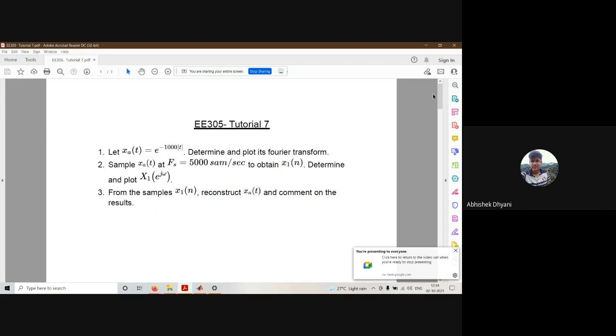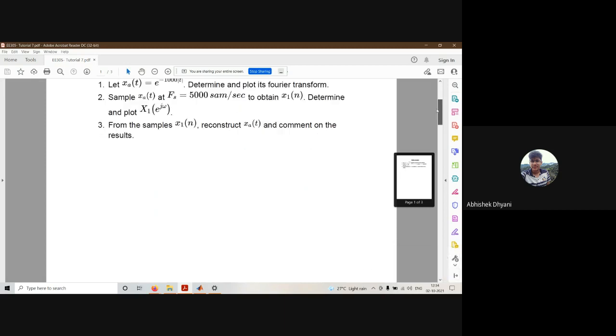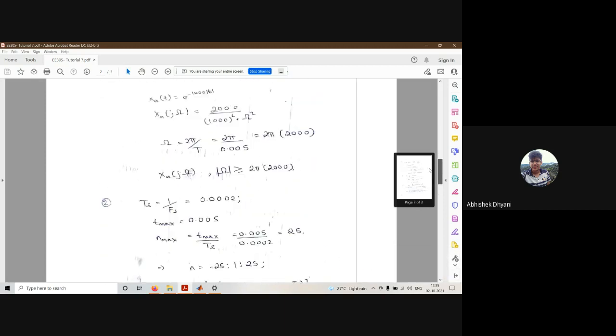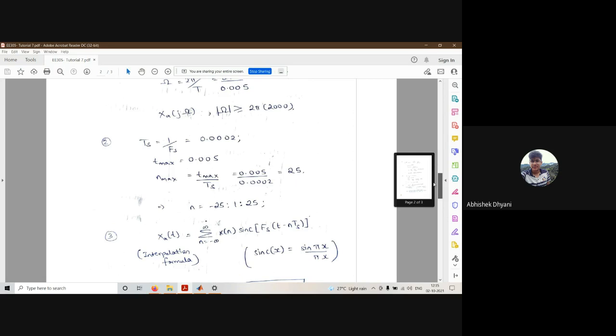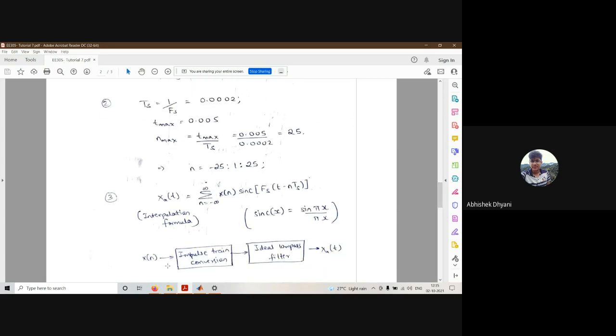So for this part, let's recall that whenever we have to reconstruct a signal from its sampled sequences, ideally what we do is we first convert it into an impulse train, and then we pass it through an ideal low pass filter, and we will get x80 back.